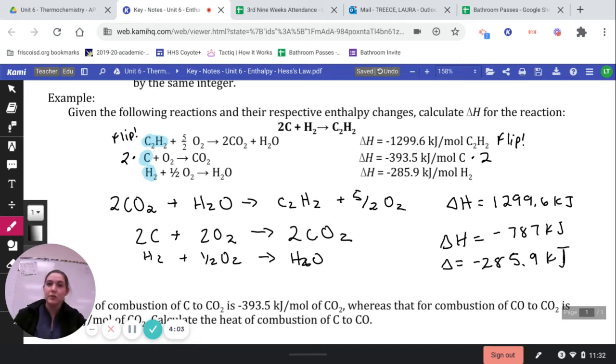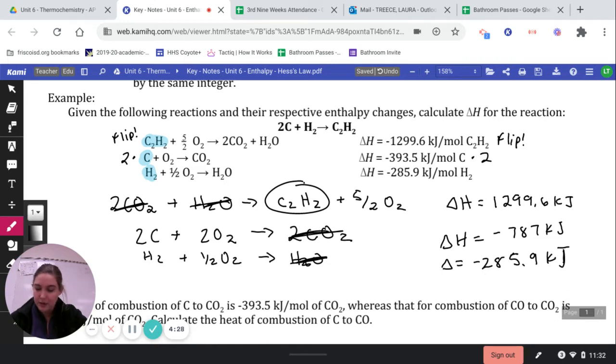Okay, so now what we're going to do is cancel out what's on both sides and make sure we're left with just our overall reaction that we had. So start here. We have CO2 on my reactant side. It's also on my product side, so that is going to cancel out. I have H2O on my reactant side, and I have it on my product side, so that'll cancel out. I have C2H2. It's nowhere else, so that will stay alone. 5/2 O2.